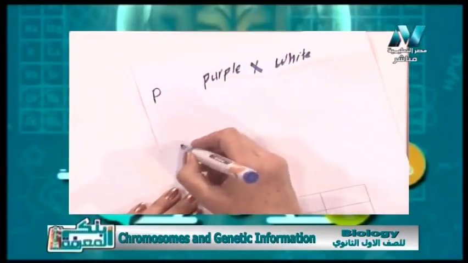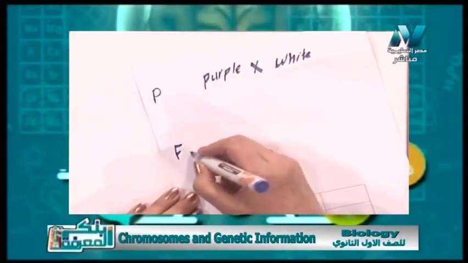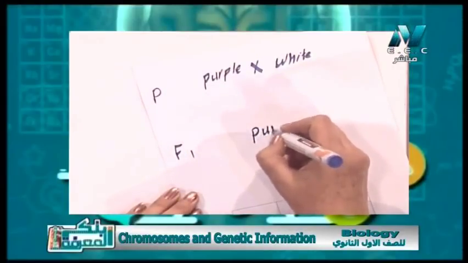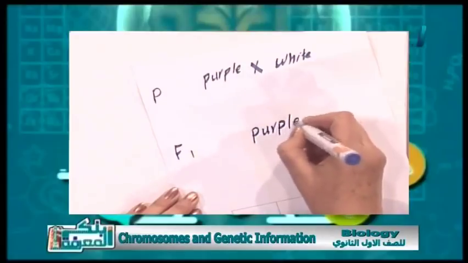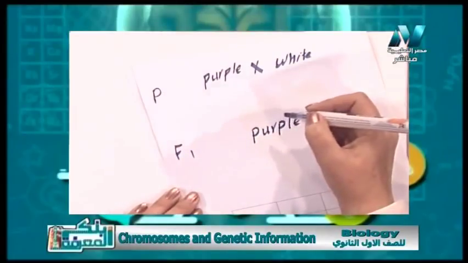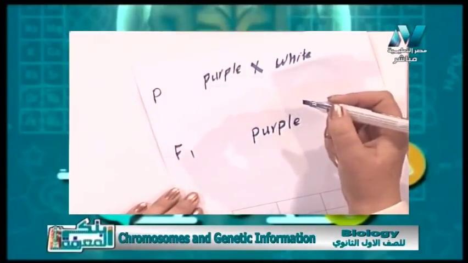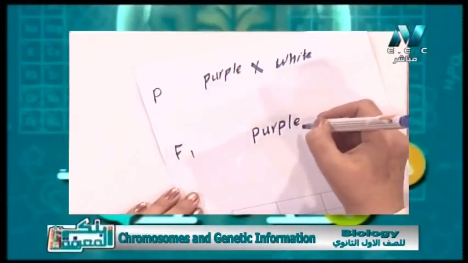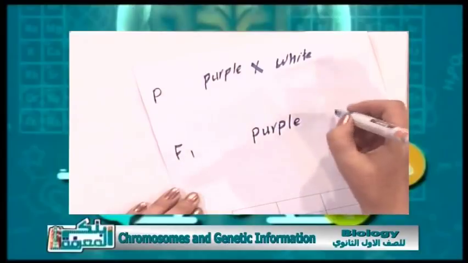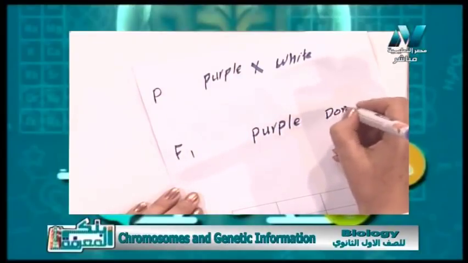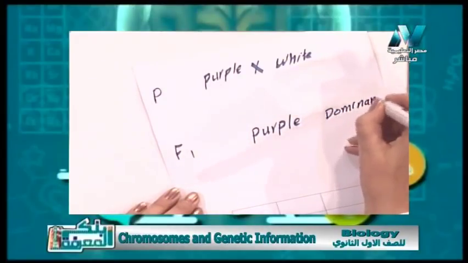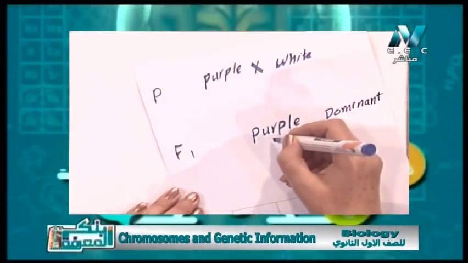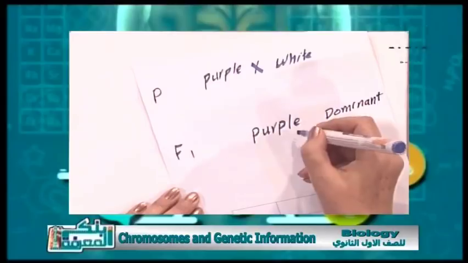And because Mendel found in the first generation all individuals were purple flowered plants, he called the character which appeared in the first generation dominant. So the dominant character is the character which appears in the first generation.